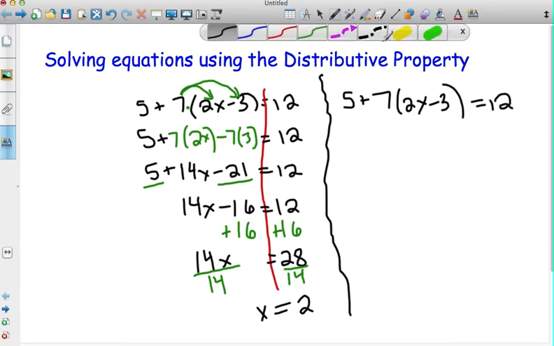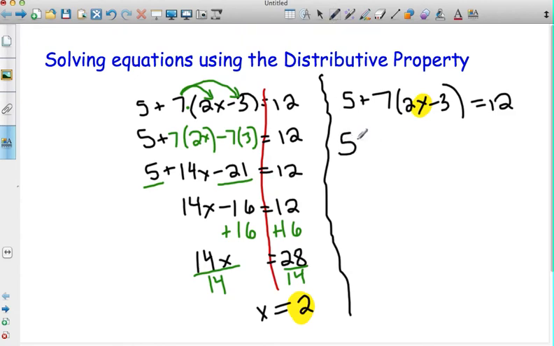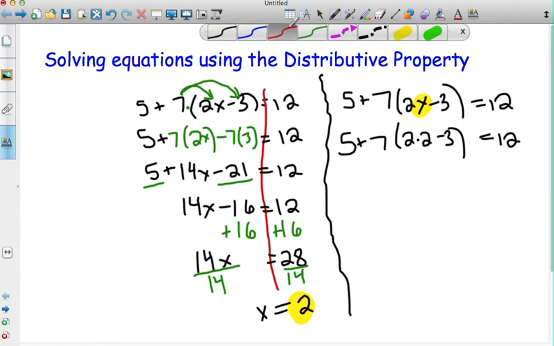Now, since we've solved it and we know that x equals 2, I'm going to put 2 in right here for x. Okay, so here I go. I have 5 plus 7 times (2 times 2 minus 3), hopefully that gives us 12. And you know what I forgot to do is the wall.